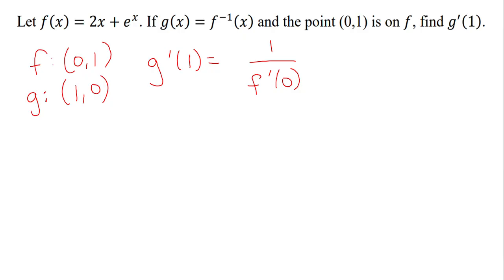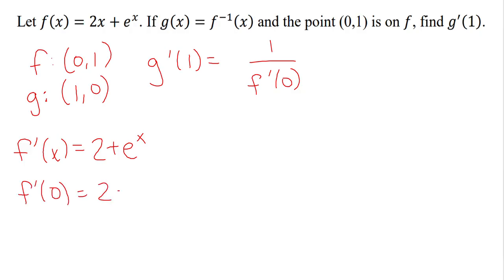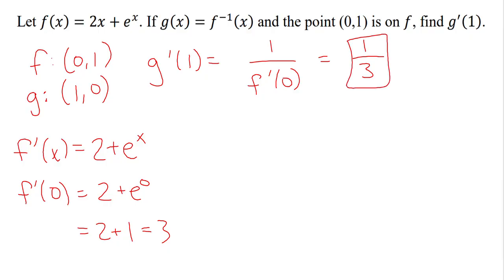Well, then we just need to find f prime of 0. f of x is 2x plus e to the x, so f prime of x will just be 2 plus e to the x, giving us f prime of 0 equal to 2 plus e to the 0. e to the 0 is just 1, so we end up with 3 for f prime of 0, which means our final answer should just be 1 over 3.